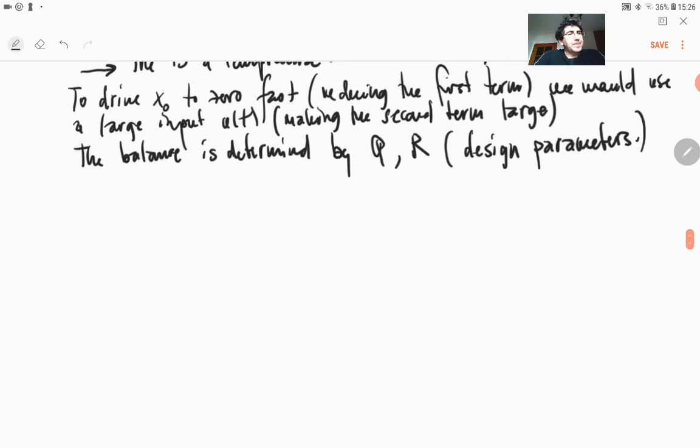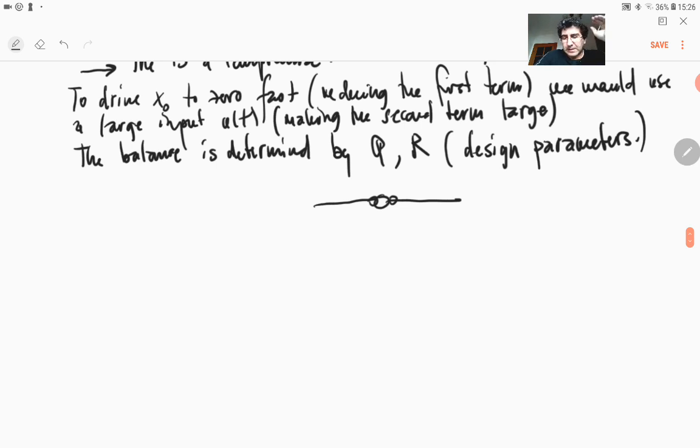Now, in the next video, we will start talking about how to solve this problem. Normally the solution to this kind of problem is the topic of optimal control theory. There is a branch of mathematics called variational calculus, which specifically attacks how to use calculus for functions of functions.